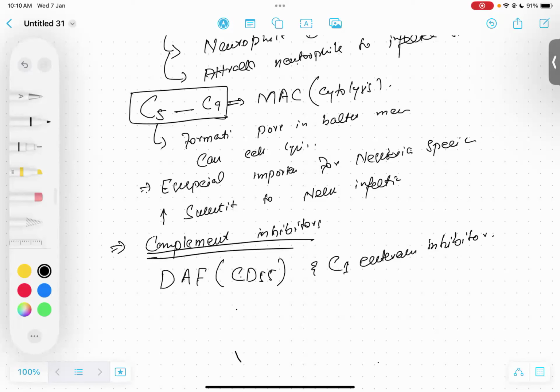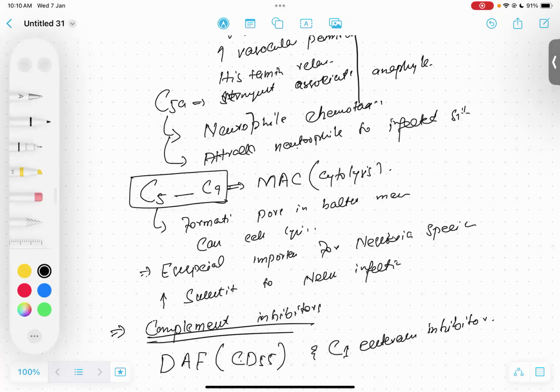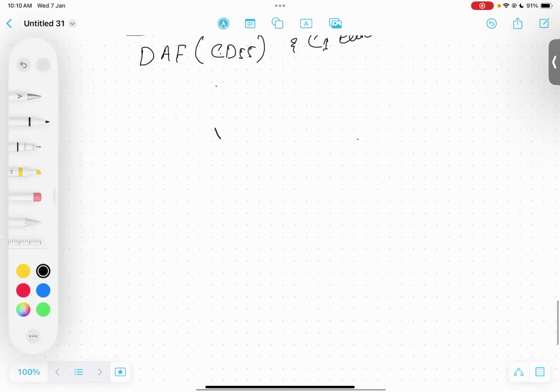So we know that C1 inhibitor is usually associated with the classical pathway, and it will prevent complement activation on self cells.